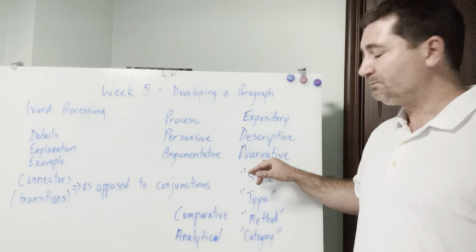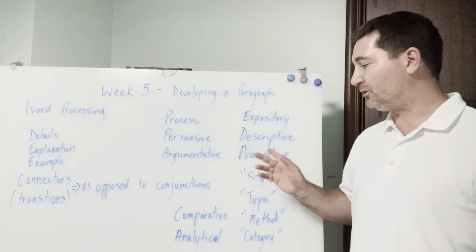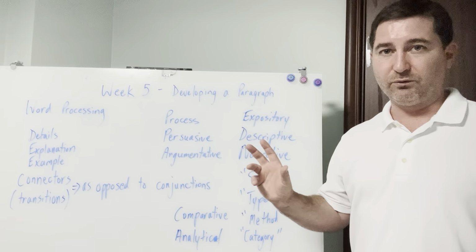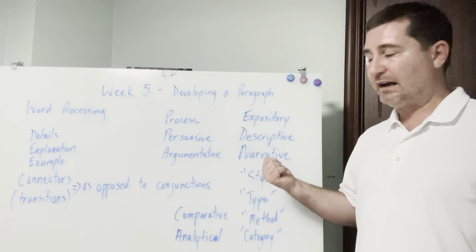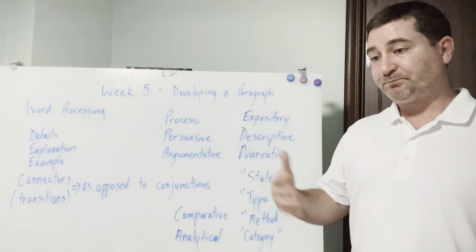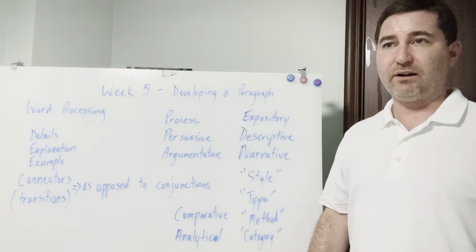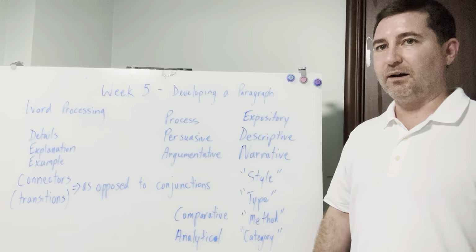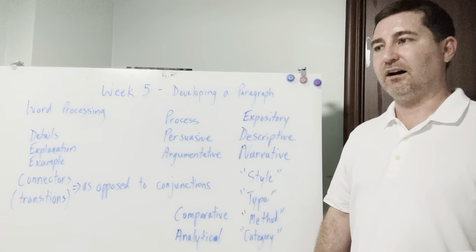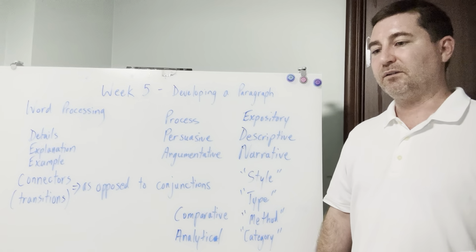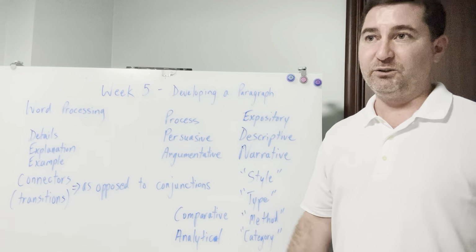A narrative one, we'll stay away from those as much as possible because that's for the creative writing classes that we're going to do. We'll talk about narrative paragraphs, which are a story. It's a paragraph that's a story. So you can use a story to make a point. You can even write an essay that includes a narrative in it.